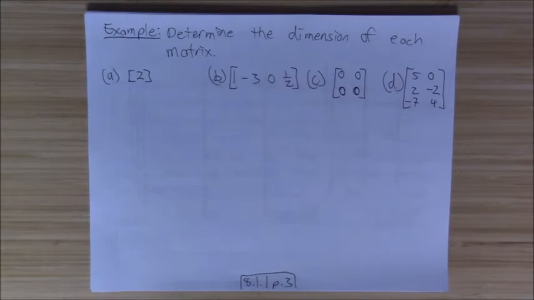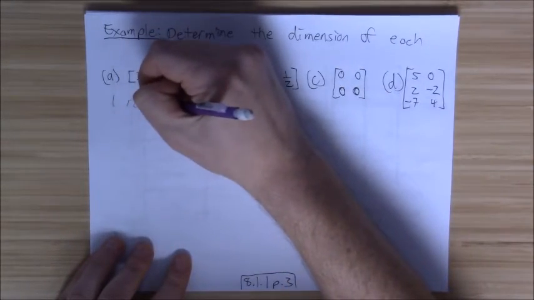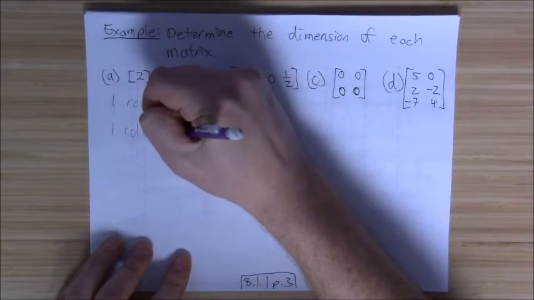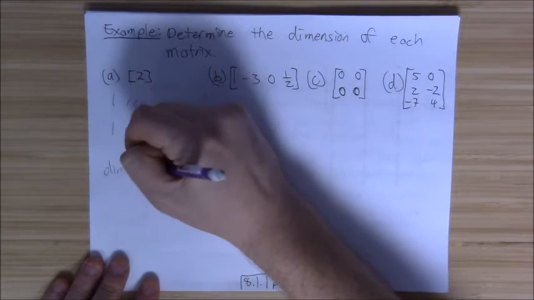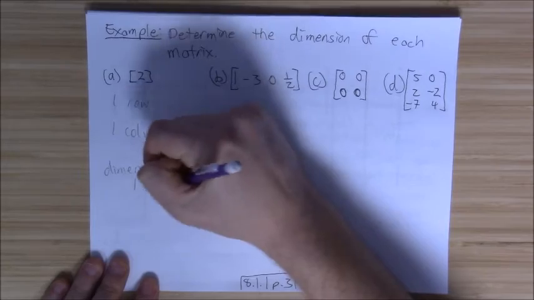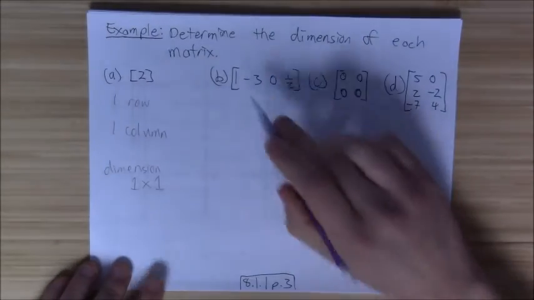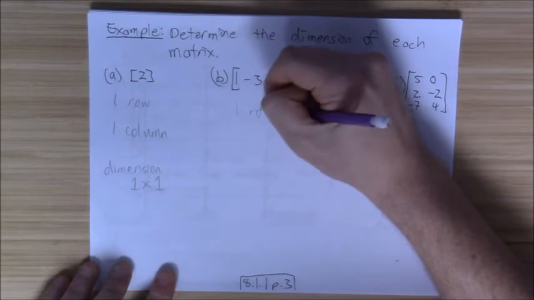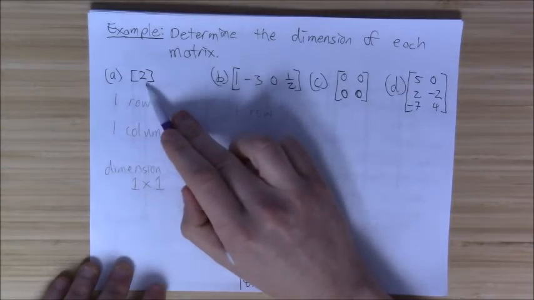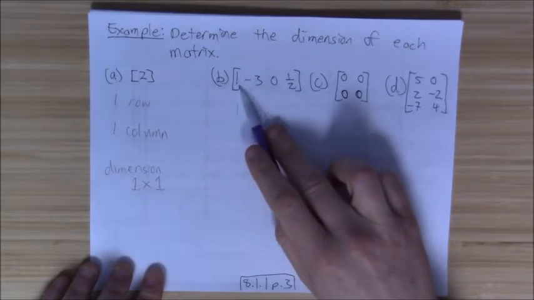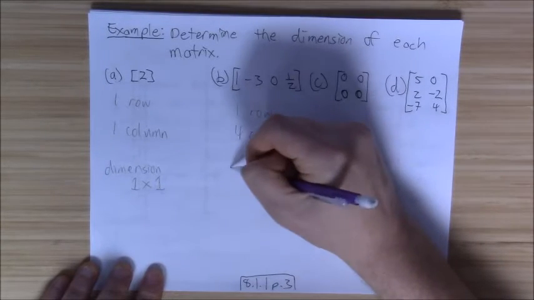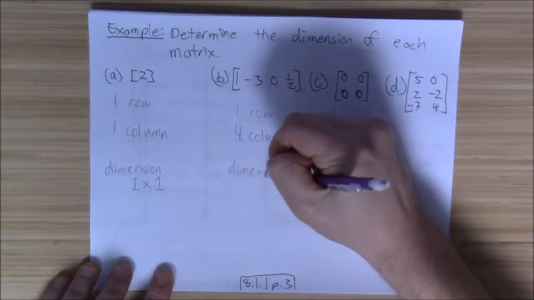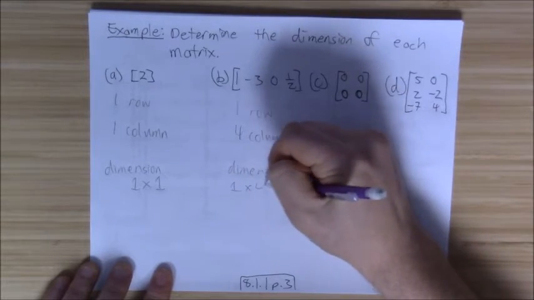So let's do some examples looking at the dimensions of the following matrices. This one has one row and one column, and thus it's going to have dimension 1 by 1. This would be both a row and a column matrix. This next one has one row, so it's again a row matrix, but it's not a column matrix because it has 4 columns. So it has dimension 1 by 4.